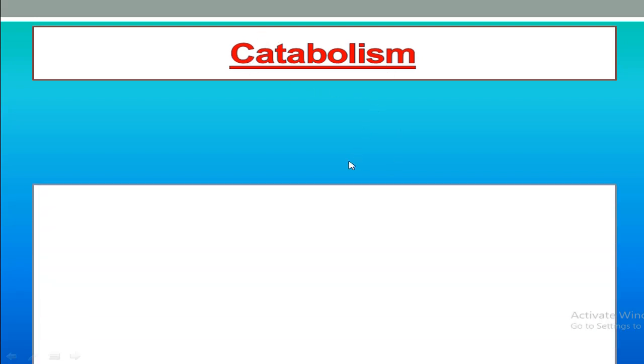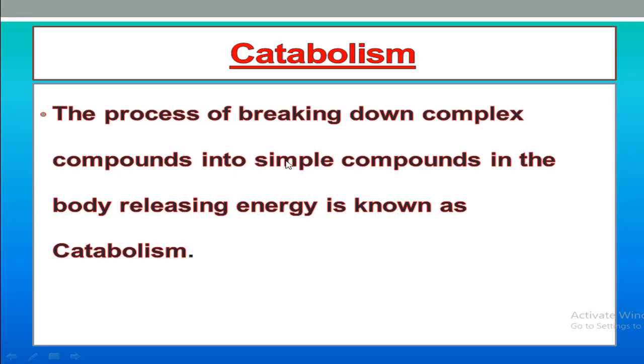What is catabolism? Catabolism means the process of breaking down complex compounds into simple compounds. It is the opposite of anabolism, no? During anabolism, complex compounds are formed from simple compounds. During catabolism, the complex compounds are broken down into simple compounds.